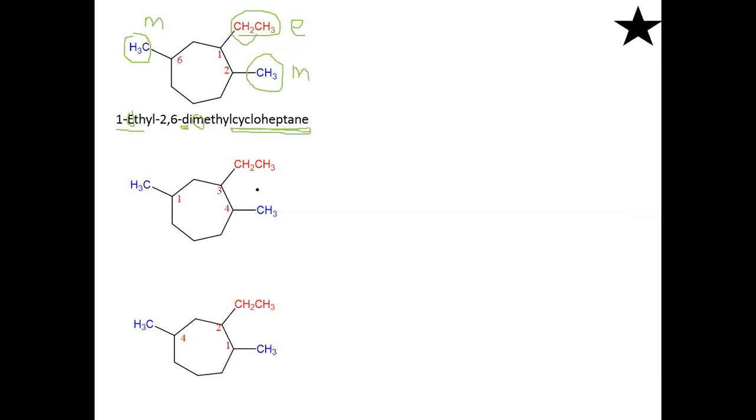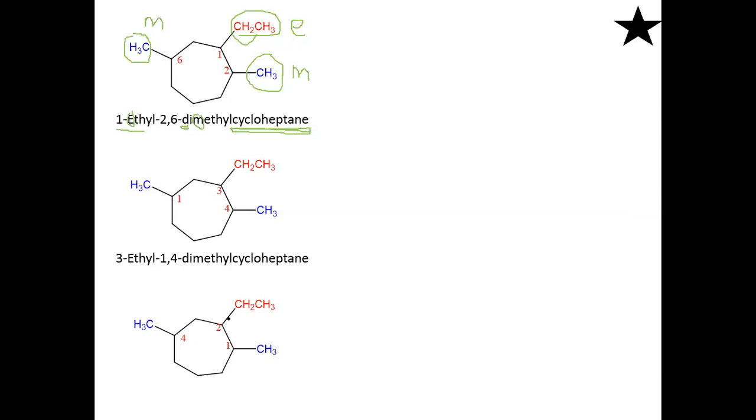Okay. We change the number. Contohnya kita letak sini pula 1. Methyl yang ni dapat nombor 1. Ini ethyl dapat 3, methyl yang kedua dapat 4. So it will become 3 ethyl 1,4-dimethyl cycloheptane.